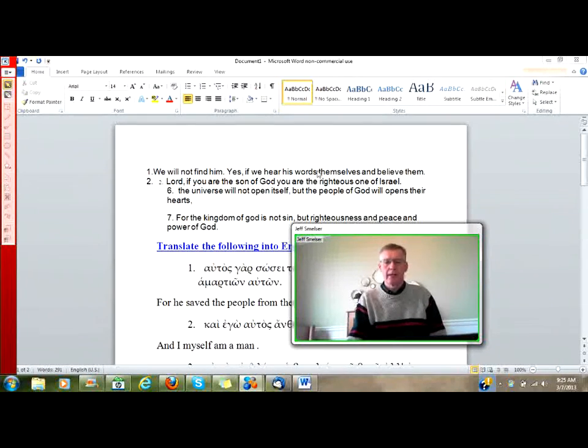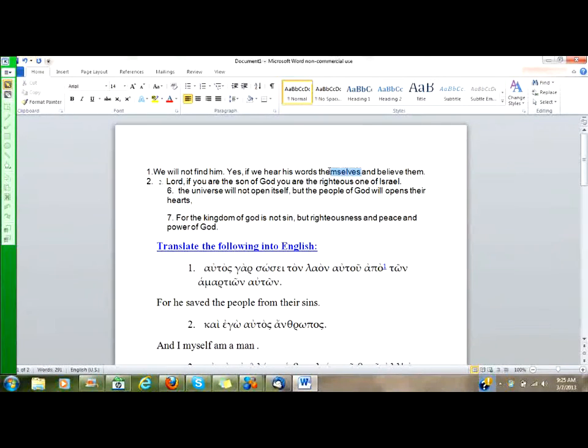All right, this student has themselves here, and that's because the student was looking at the sentence and saw the word autou and decided to translate it intensively. But remember our flow chart of decision making here. First we ask, is it attributive? No. In this case, the pronoun autou is not attributive. Then we say, is it nominative? If it's nominative, chances are we need to translate it as an intensifier. But here, autou is in the genitive case.